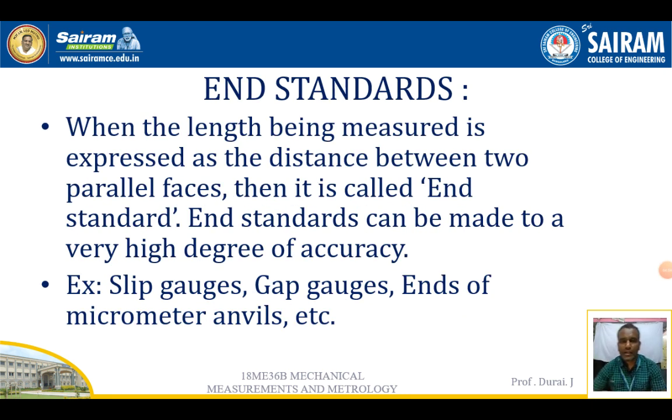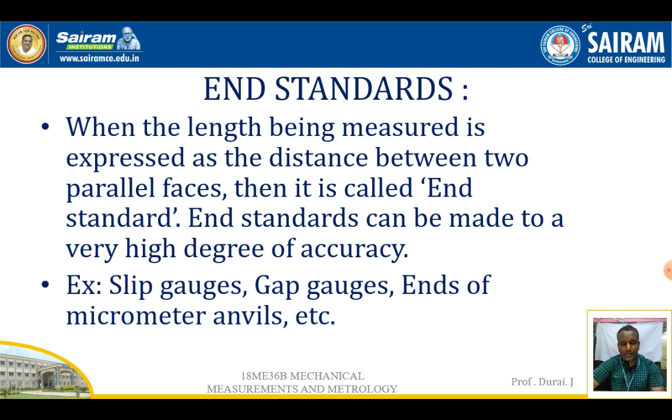Then comes the end standard. The measurement we take between the two parallel ends of the component is called an end standard. For example, how we measure a component with the help of a vernier caliper and micrometer is an example of the end standard, and also slip gauges.